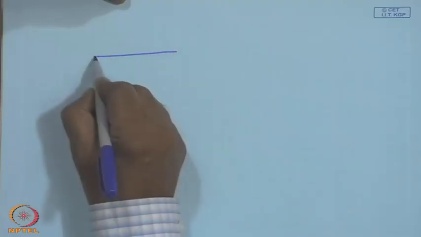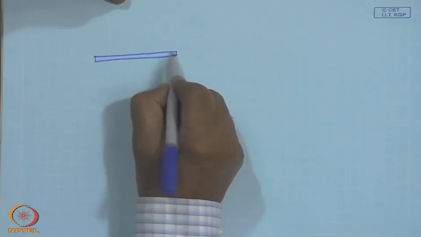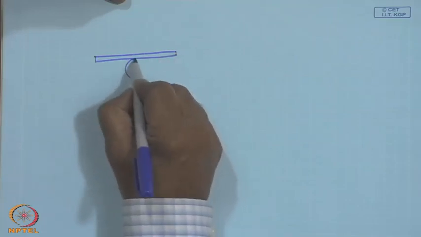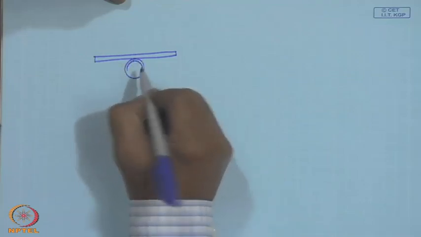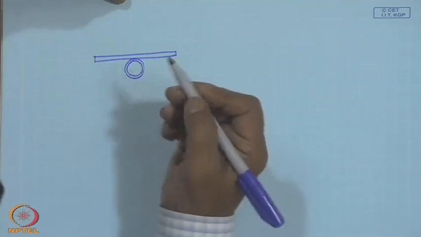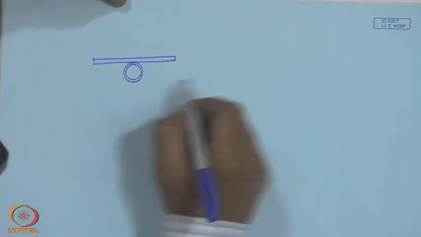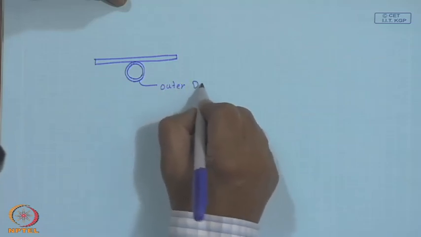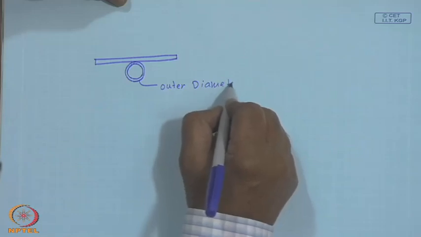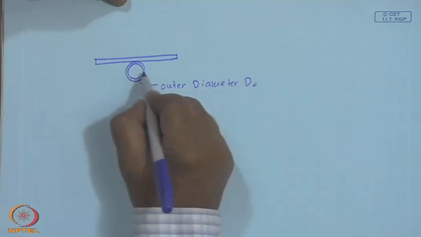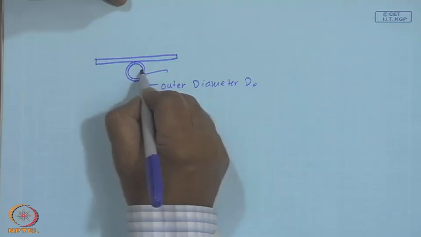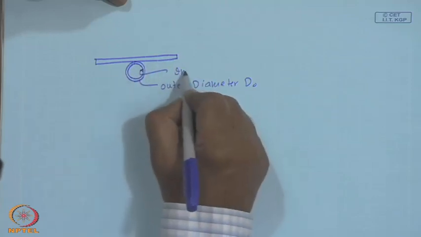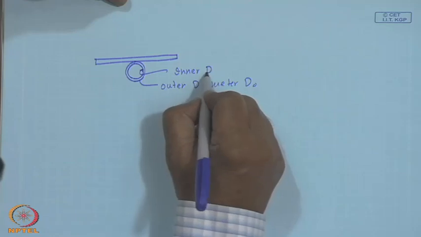If I take an exaggerated picture, this is an inner diameter, some d naught, and inner d.